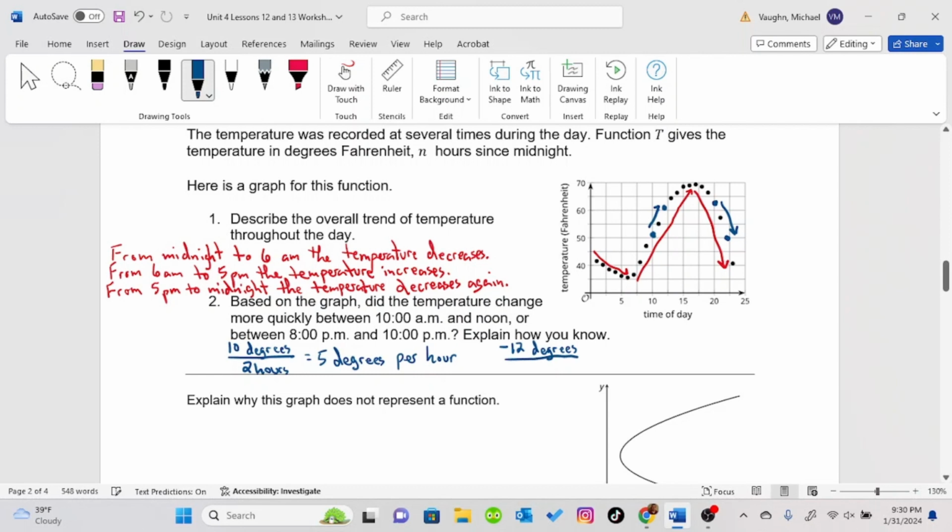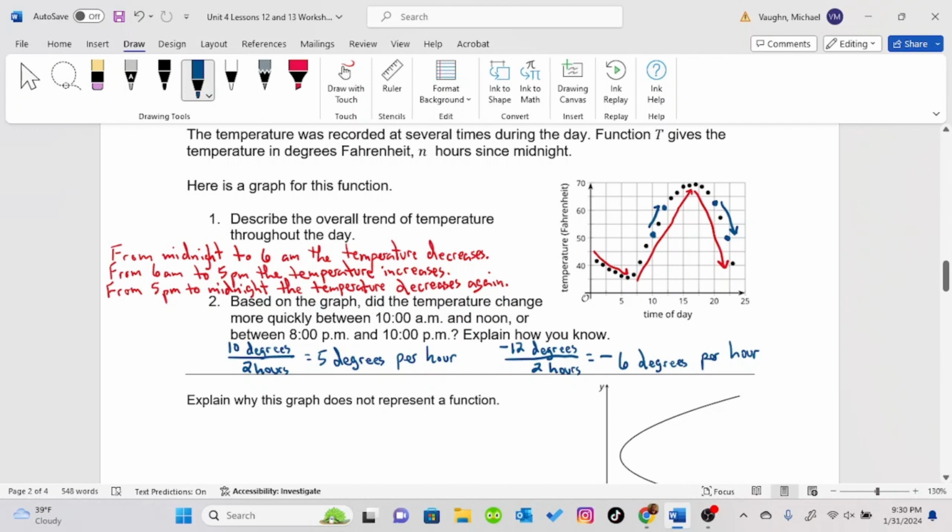And that is over 2 hours again. So this would be an average rate of change of -6 degrees per hour.